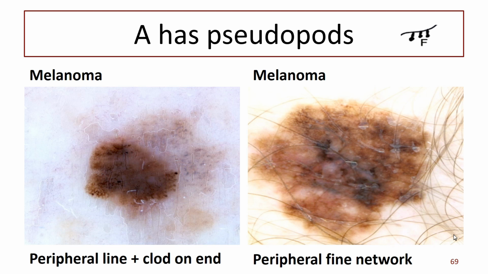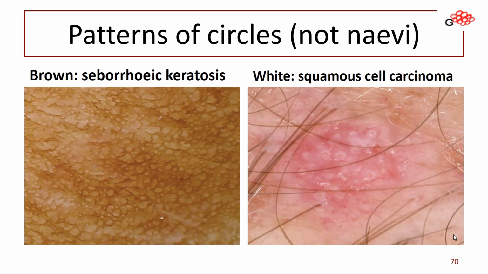And they have their own distinct patterns. And so circles sometimes form patterns too. Circles are often just a few circles. So in this case, we're seeing a sort of reticular pattern made up of circles.